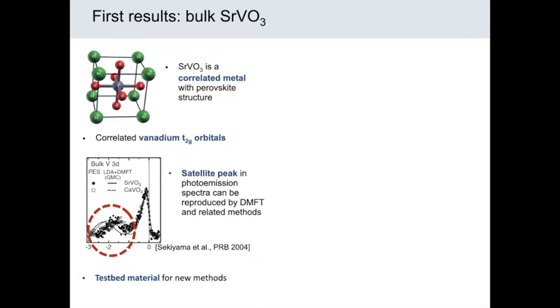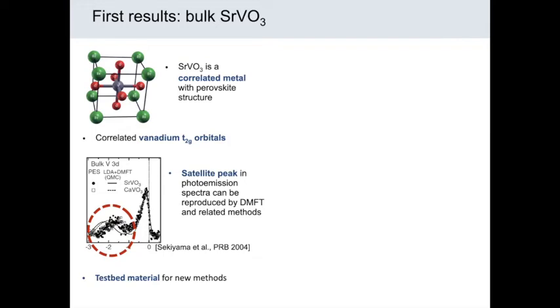It's strontium vanadate, a correlated metal with a perovskite structure, and the correlated orbitals in this material are the vanadium T2G orbitals. So basically it's a 3-band model, so you need to treat 3 orbitals in AbinitioDΓA. And yeah, it's a correlated metal.